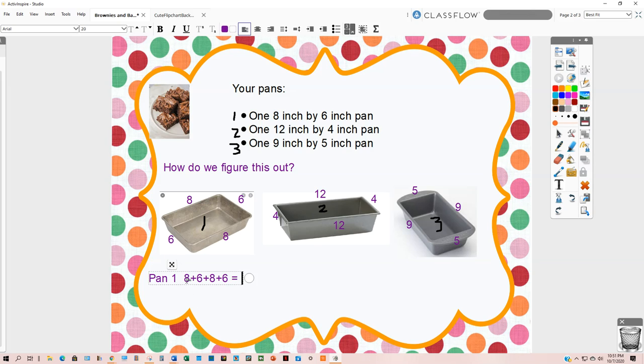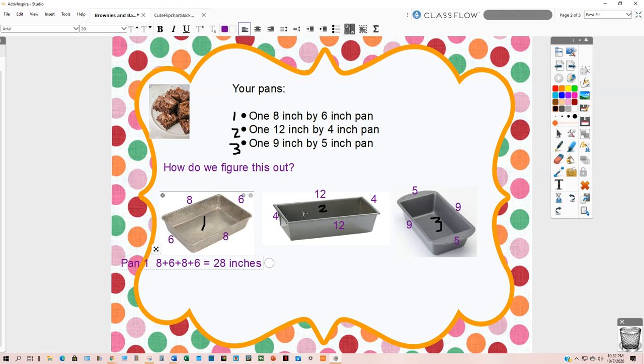So 8 plus 6. Well, that's 14. This is another 14 because it's the same numbers. So if I add those together, that's going to be 28 inches. Notice the ES here. If you think about your spelling words, when we have a CH, we have an ES for the ending, so inches. That's pan 1. That's how long that one is.